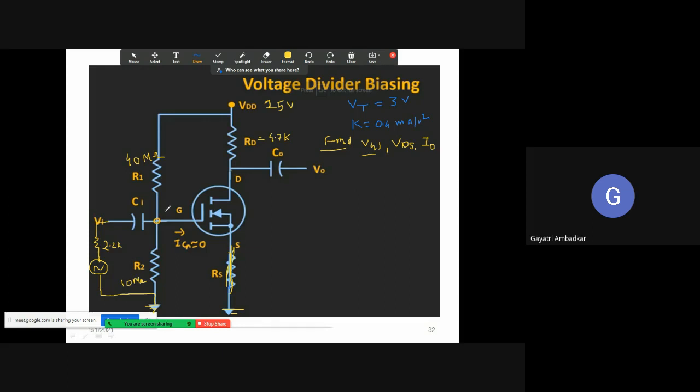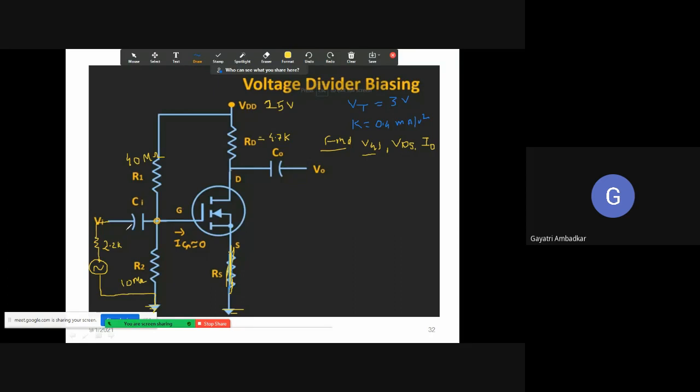When you want to do DC analysis, it means there must be only DC signal present in the circuit. Now, what about the input capacitor? You are giving input signal from this point through the capacitor. When it is the question for DC analysis only, does the capacitor pass DC signal?